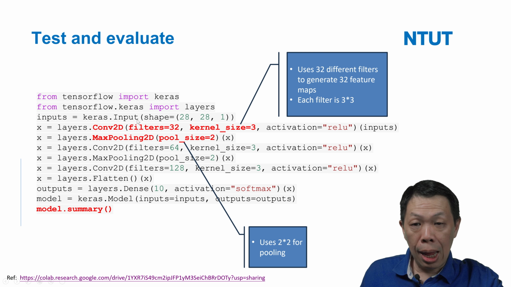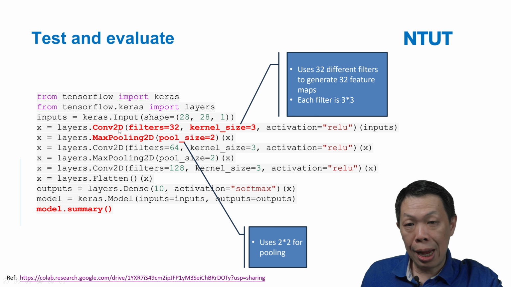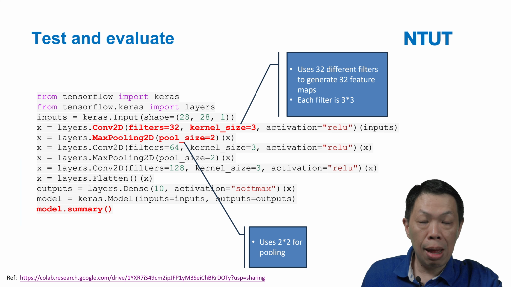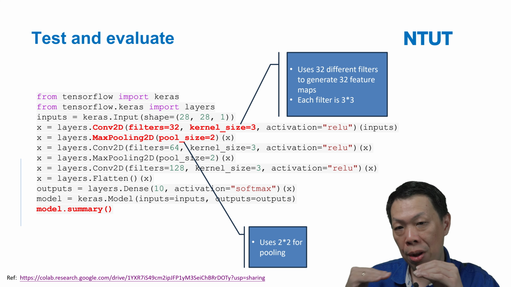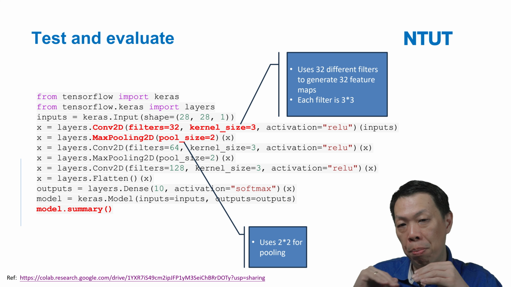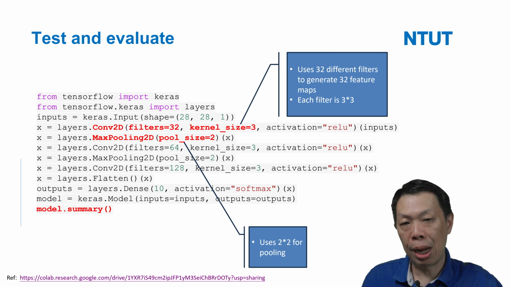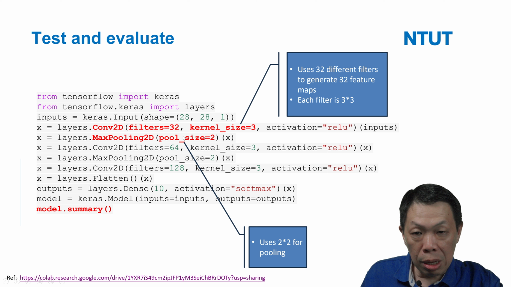The second thing is the convolution layer. In this example, we will create 3 convolution layers, and after convolution, we will have a max pooling layer. Here are the parameters.